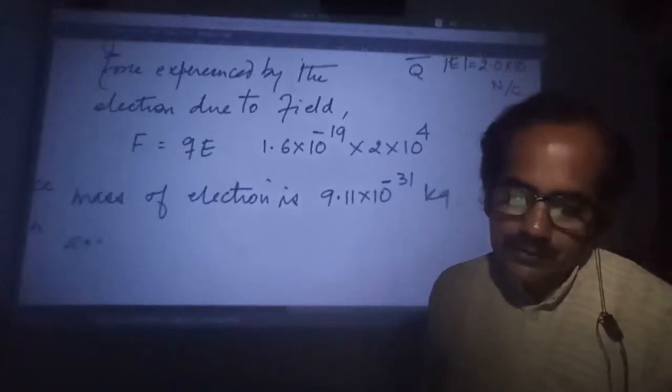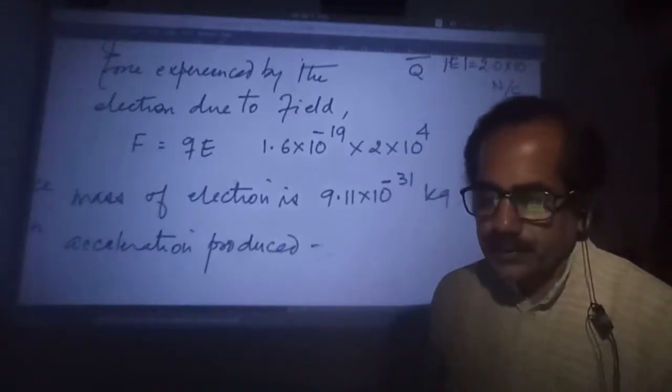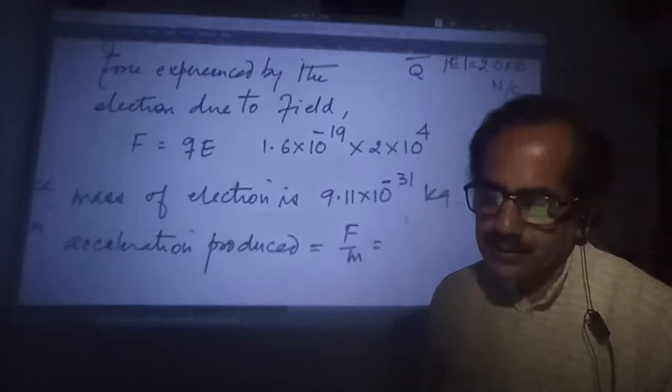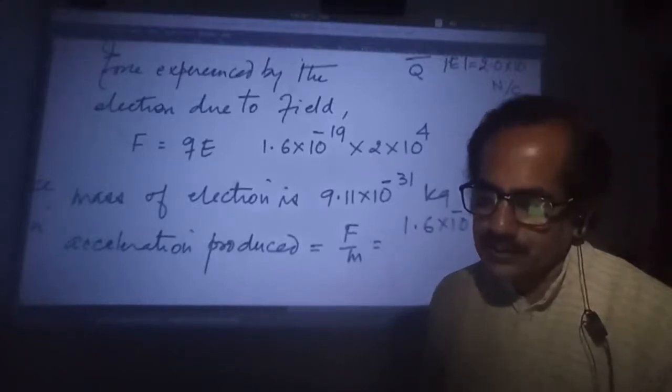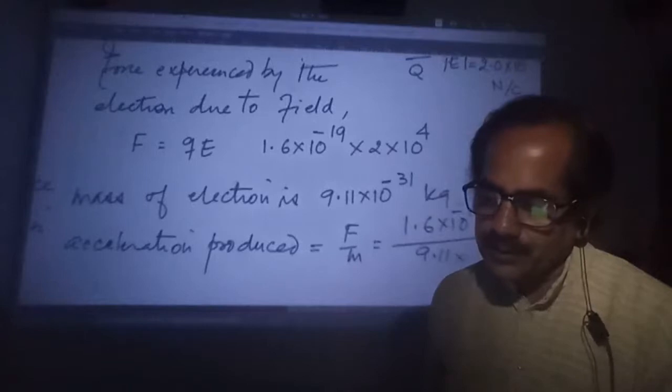So the acceleration produced is equal to F upon m, that is 1.6 into 10 to the power minus 19 into 2 into 10 to the power 4 upon 9.11 into 10 to the power minus 31.